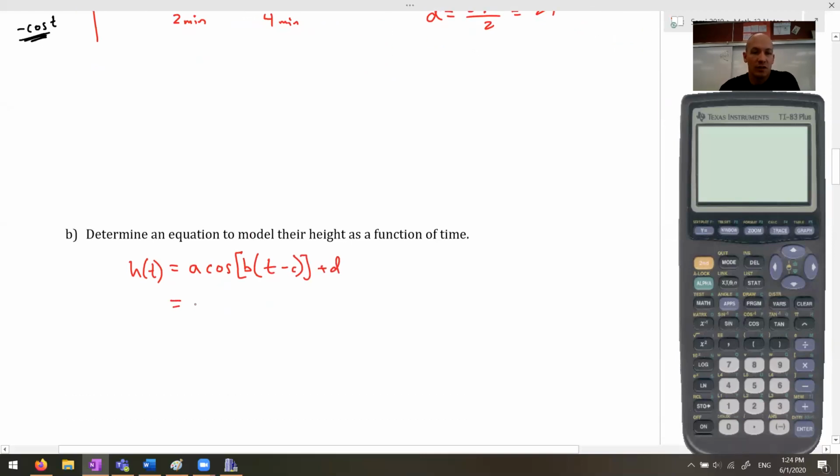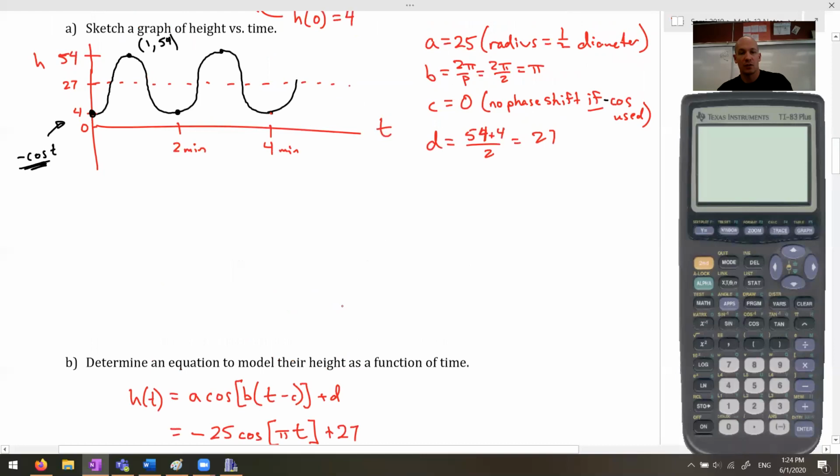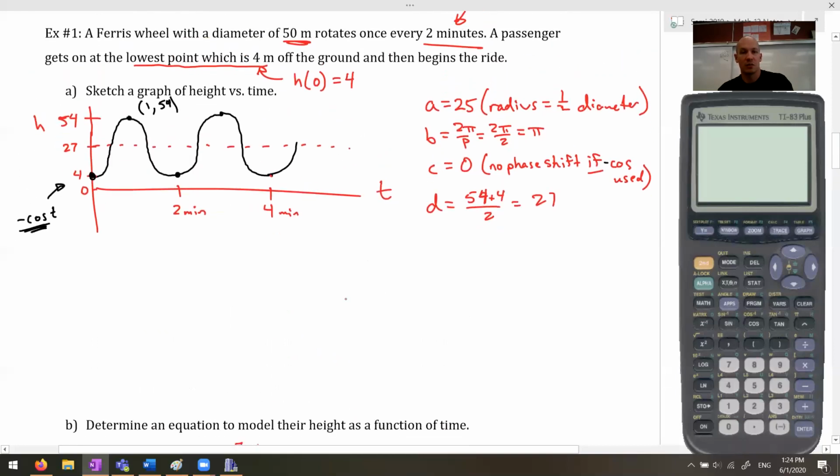We decided it's going to be negative cosine, so I'm going to write negative 25 cosine. We know that b is equal to pi, and we know that t is my variable. C is 0, so I can go ahead and close that up. I don't need parentheses. And d would be 27. So I've got negative 25 cosine pi t plus 27.